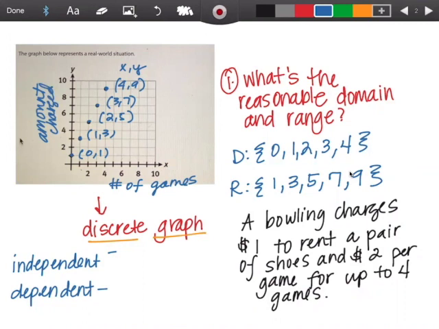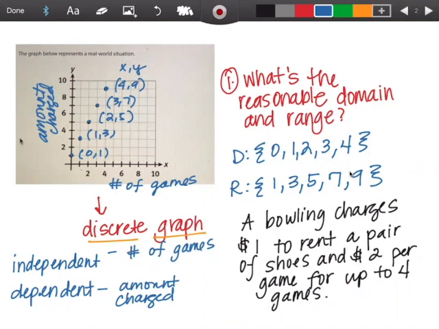So the number of games would be the independent variable, and the dependent variable would be the amount charged. The amount charged depends, you see the word? The amount charged depends on the number of games played.